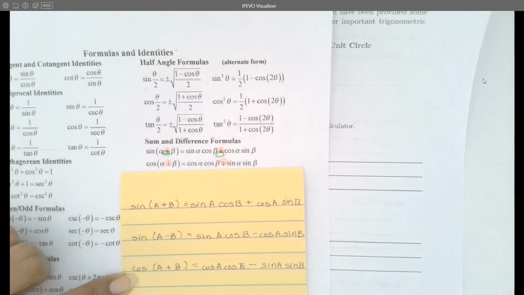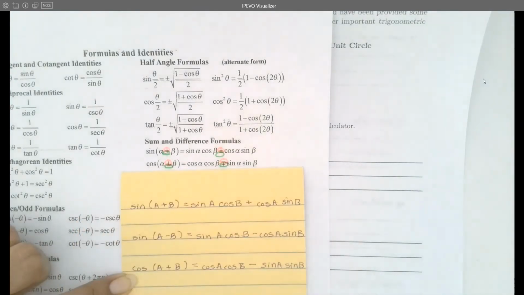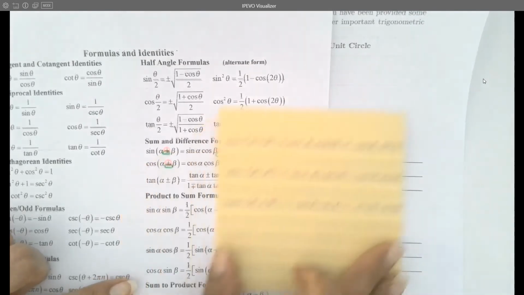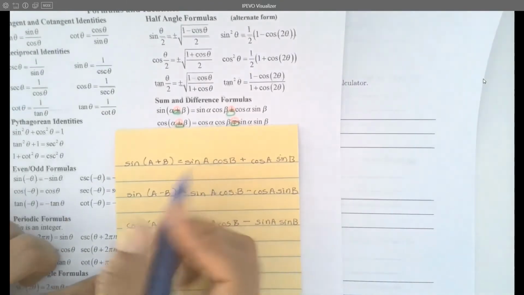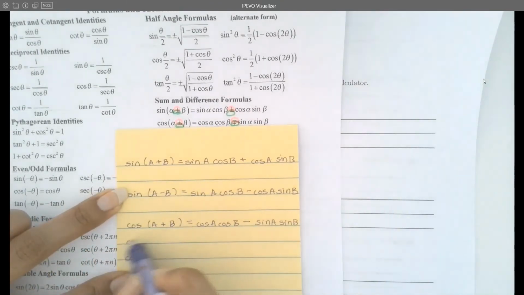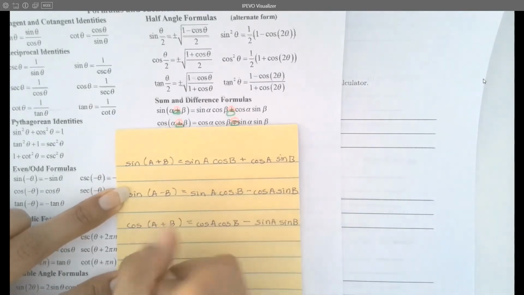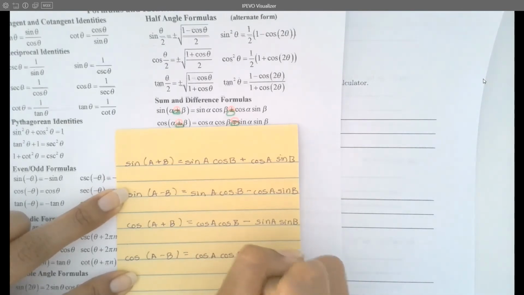If we now consider the bottom symbol, then that means that we'll have an identity that reads cosine of A minus B is equal to cosine of A cosine of B plus sine of A sine of B.